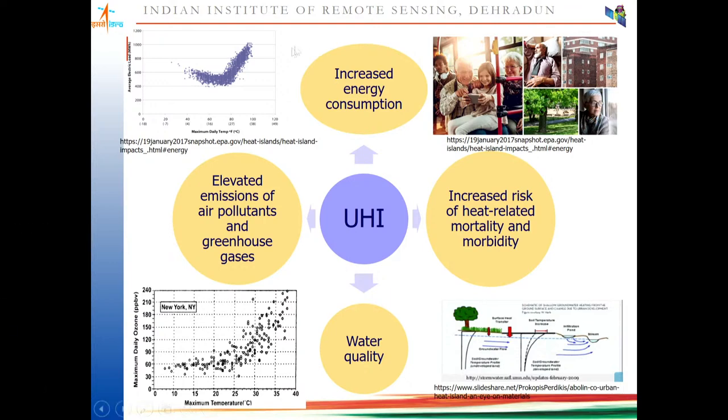Increasing UHI also has an impact on water quality, because water temperature also increases, and it sometimes changes the pH and the quality of the water, and that has an impact on the urban area as well as aquatic life.